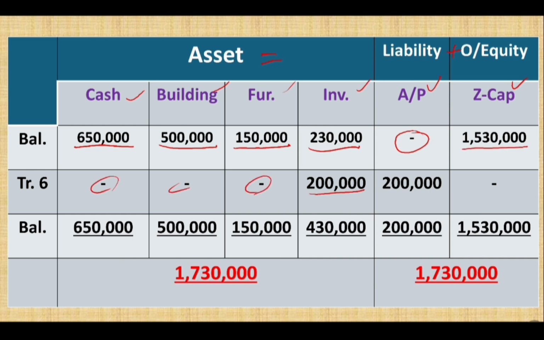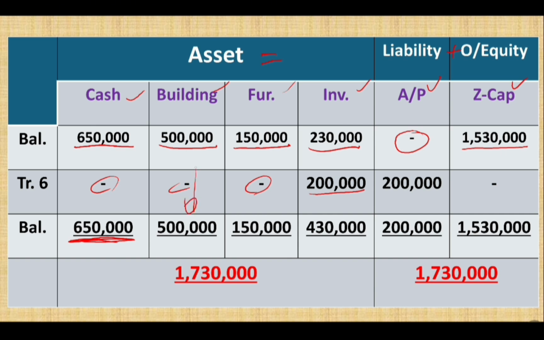And Z capital was 1,530,000. So during transaction 6 there was no cash involved, no building, no furniture, but there was an inventory that increased by 200,000 because we purchased t-shirts that amount to 200,000.